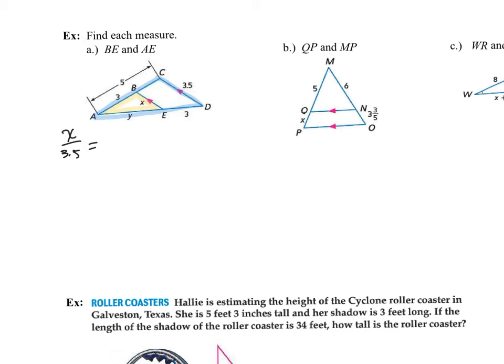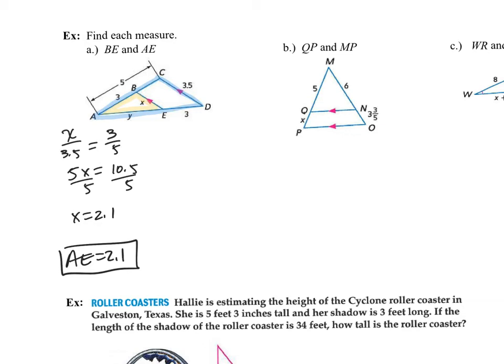So I notice in both ratios I took a side of the smaller triangle to the bigger. We'll cross multiply then and get 5x is equal to 3 times 3.5, which is 10.5. So we'll divide both sides by 5, and x turns out to be 2.1. So AE is 2.1.